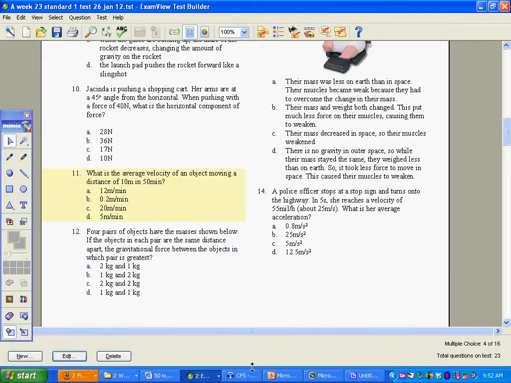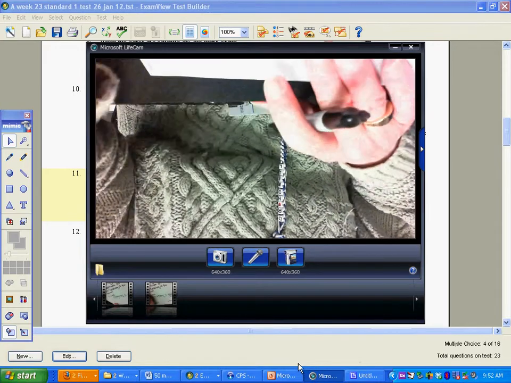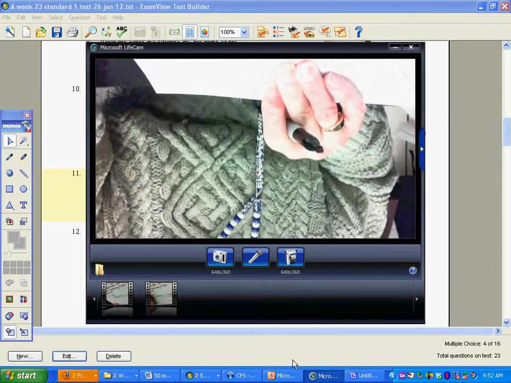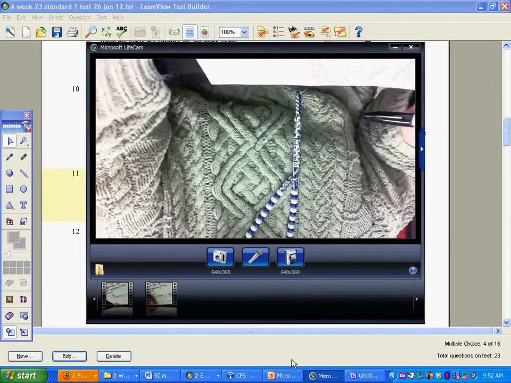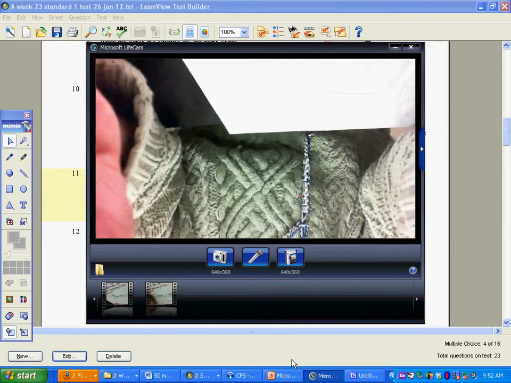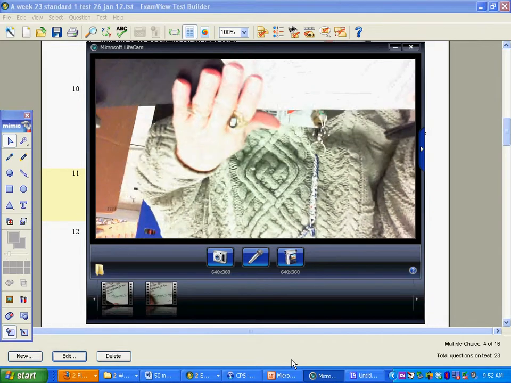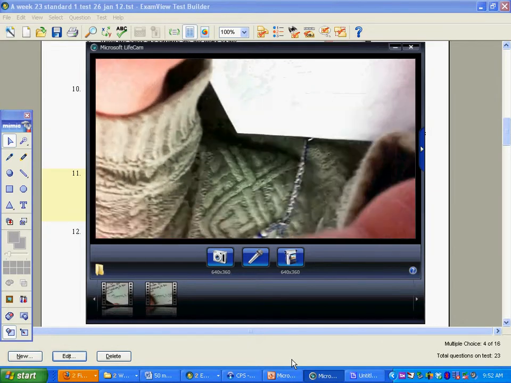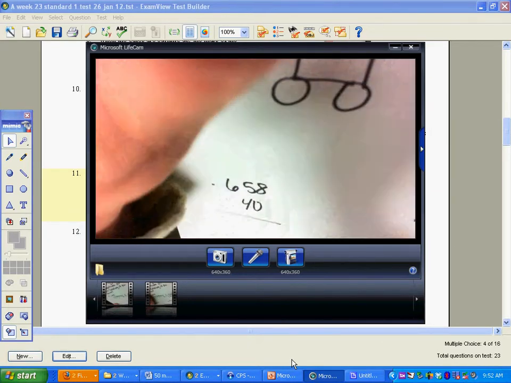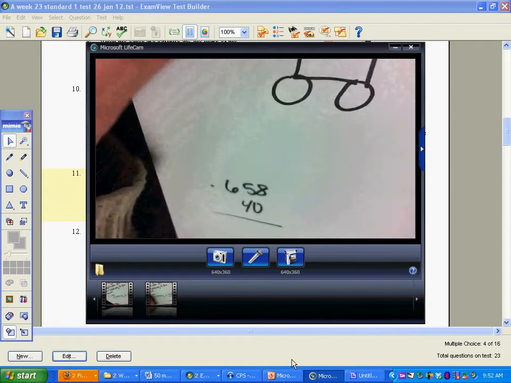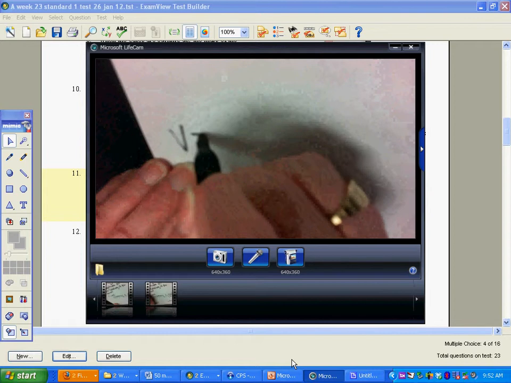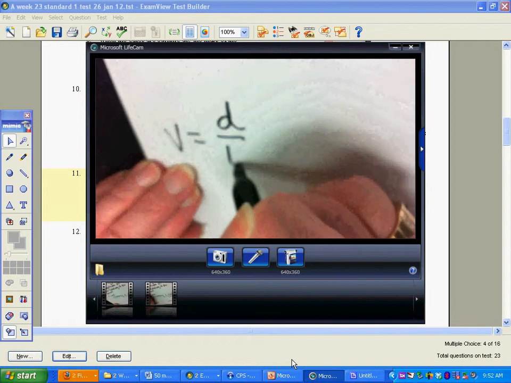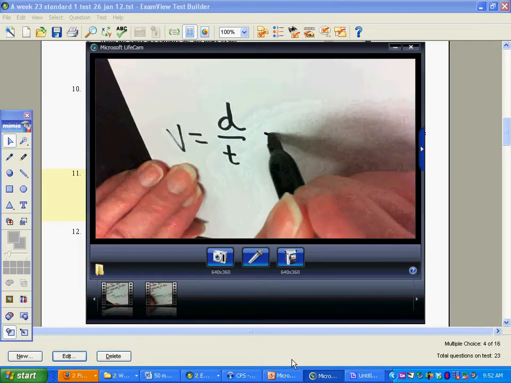If you can't do this, then you need to really be rethinking your value, I guess. Does that make sense? If you can't do a simple physical science problem and you're in physics, then you're not doing a good job. Velocity, very simply, is distance over time. What was my distance?